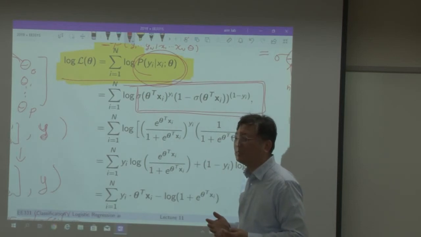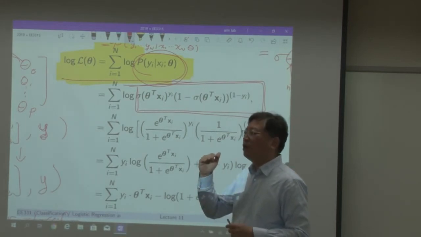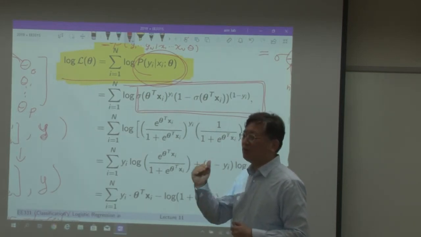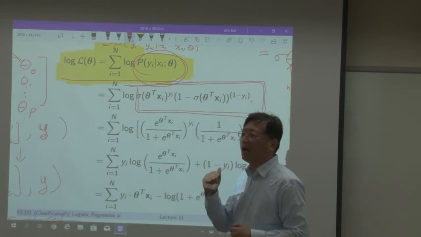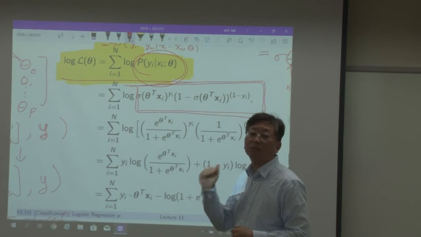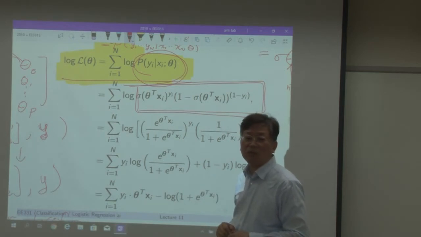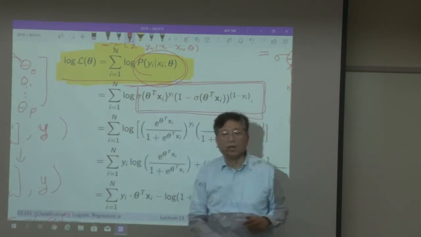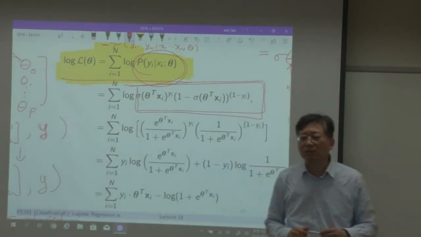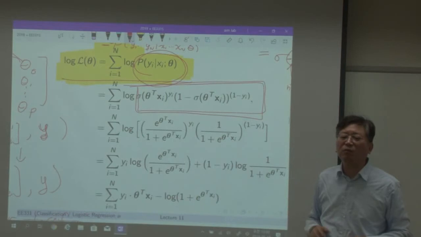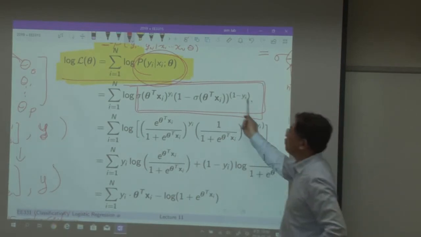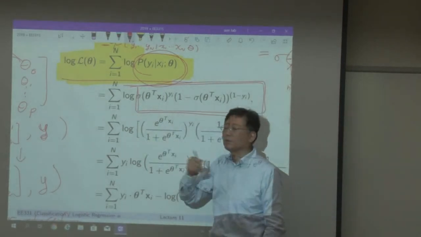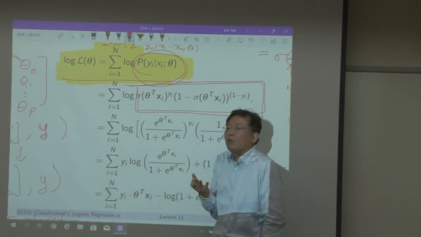Nice way to write it: if yi is equal to 1, then it's this. When yi is equal to 0, it's equal to that. In one equation, you write it. Ooh, that's nice. What's another benefit of using this formulation? Why do we want to write it like that?